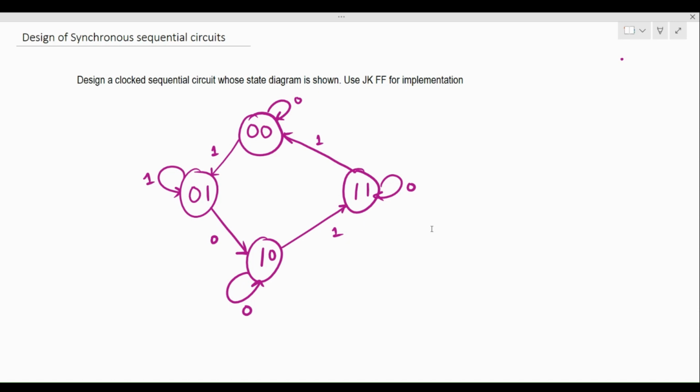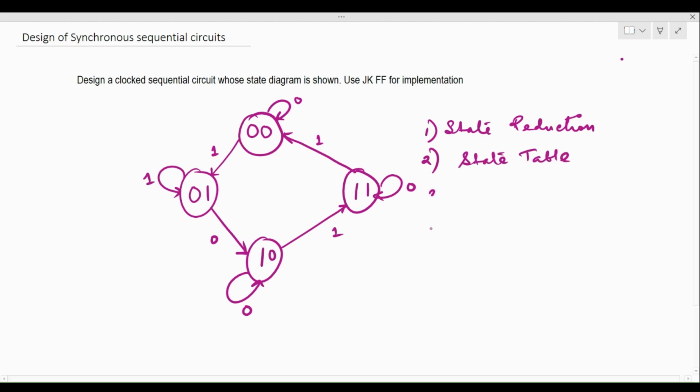Today I'm going to show you how we can design a clocked sequential circuit from a given state diagram. There are about 4 steps that are majorly involved in this, apart from the final logical diagram. The first step is called state reduction. The second step is to obtain the state table.